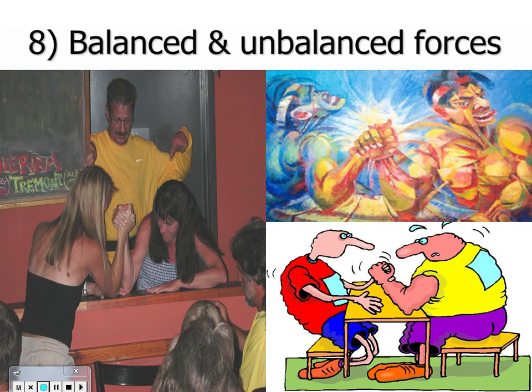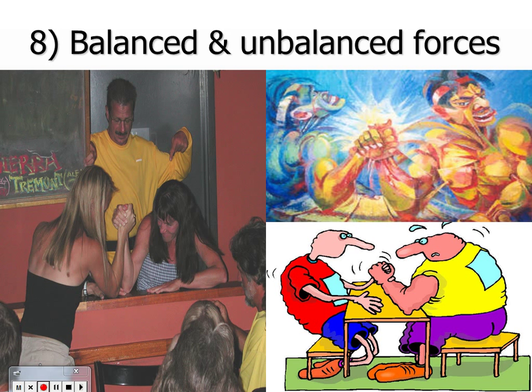Okay. So now let's talk about balanced versus unbalanced. The easiest way to analogize this is think of it in terms of an arm wrestling match. 3 possible outcomes from an arm wrestling match. You can have the person on the right win, the person on the left win, or they tie, right?